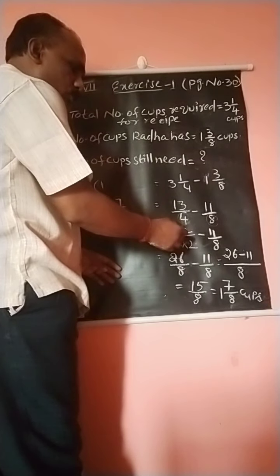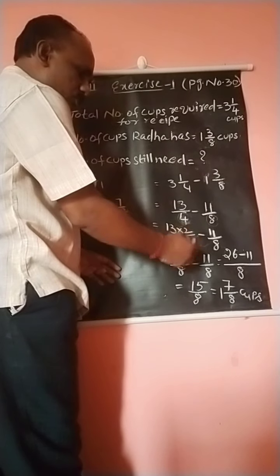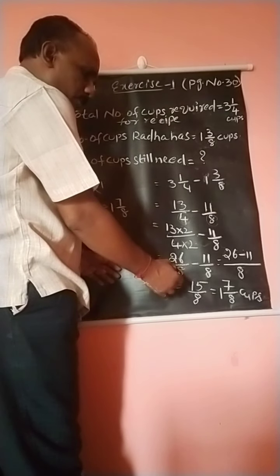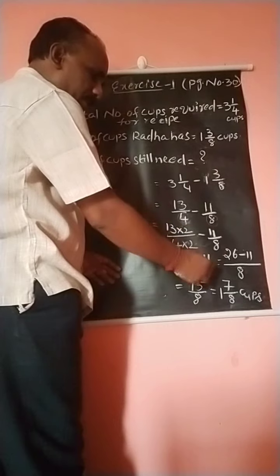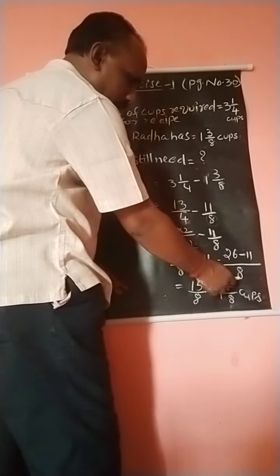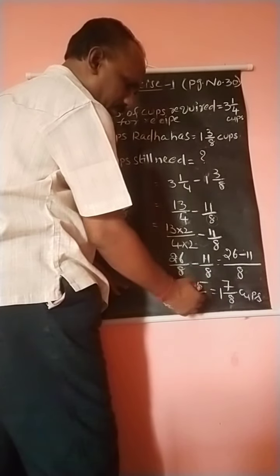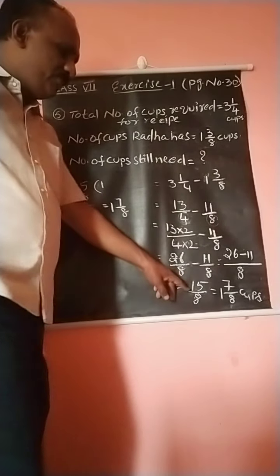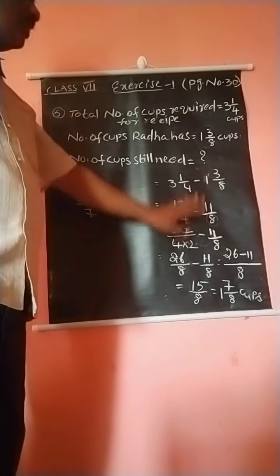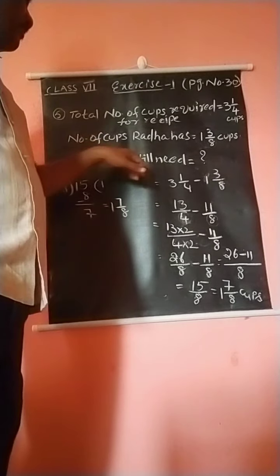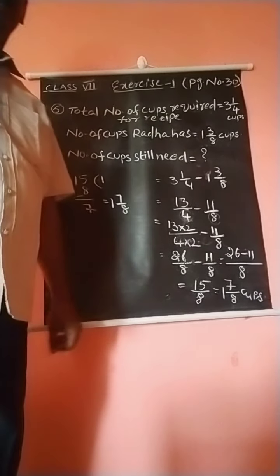So 13 into 2 is 26 over 4 into 2 is 8, minus 11/8. Now same denominator 8: 26 minus 11 is 15, so 15/8, which is 1 7/8 cups. So the number of cups she still needs is 1 7/8 cups.